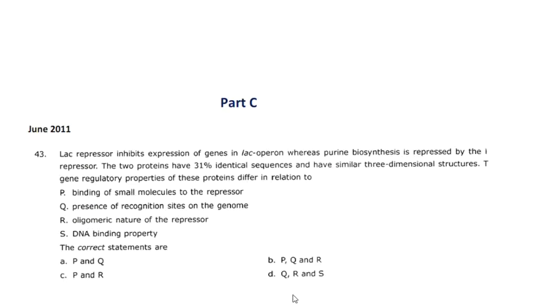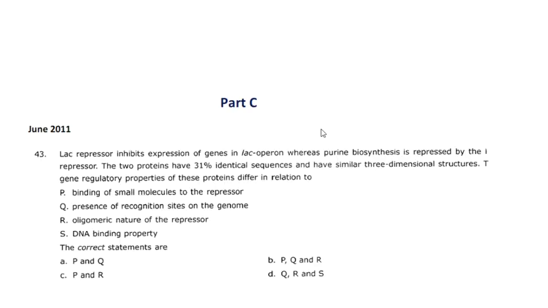The next question, coming to part C. Lac repressor inhibits expression of genes in the lac operon, whereas purine biosynthesis is repressed by the PurR repressor.